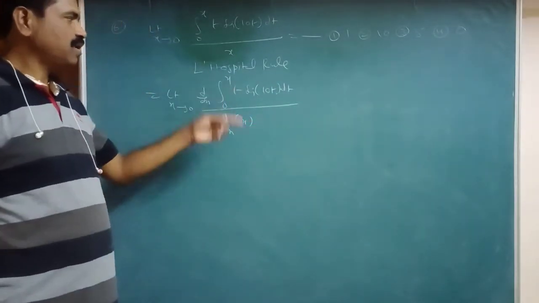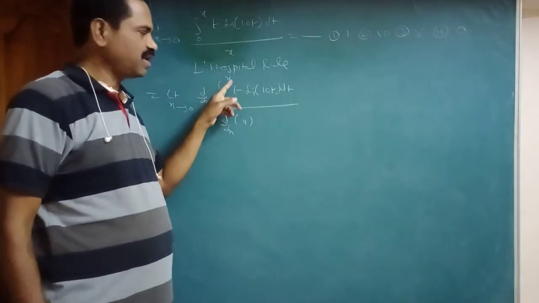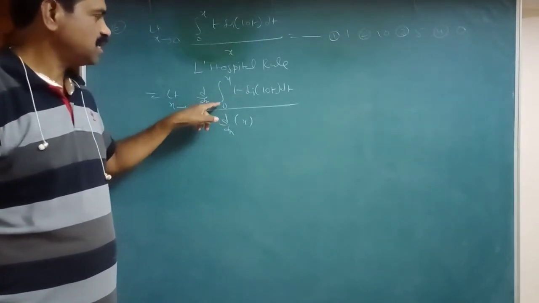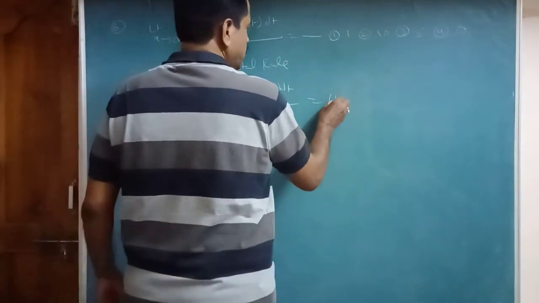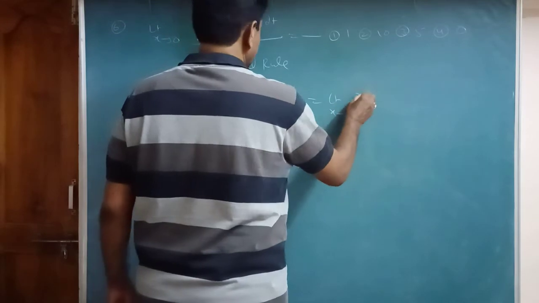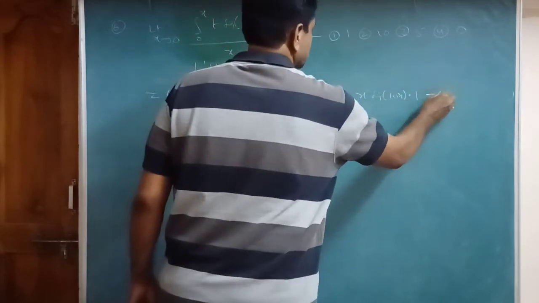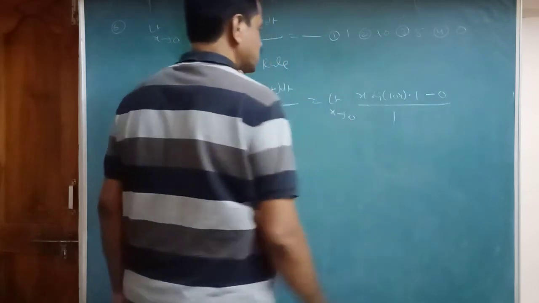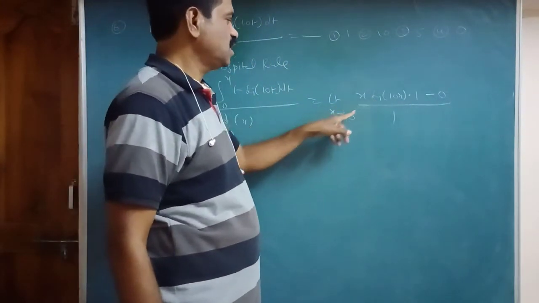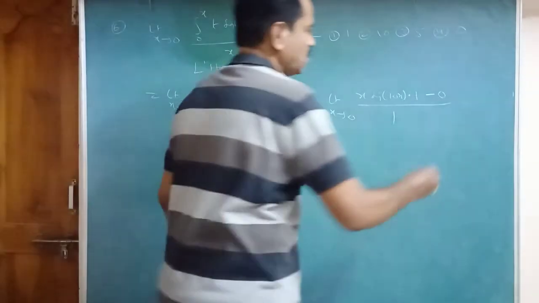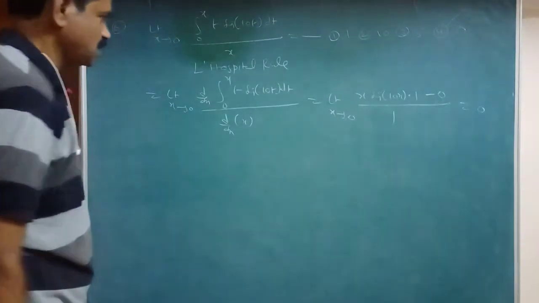Now in place of t, write the upper limit, times the derivative of x which is 1, minus the lower limit, which is 0. So that equals limit x tends to 0, x sin 10x, next 0, divided by the derivative of x, which is 1. Sin is a bounded function, and 0 into bounded is 0. So which is correct? The fourth option.